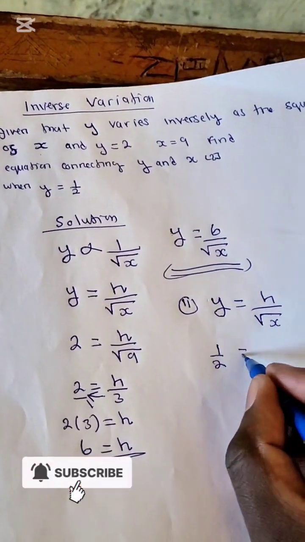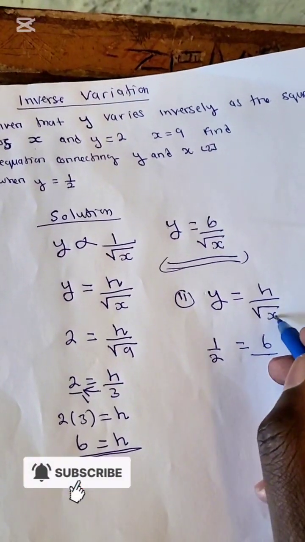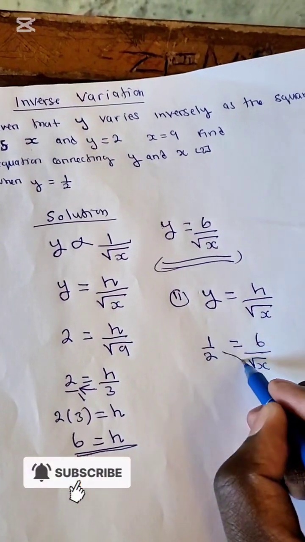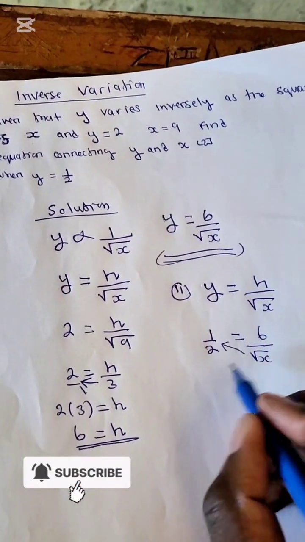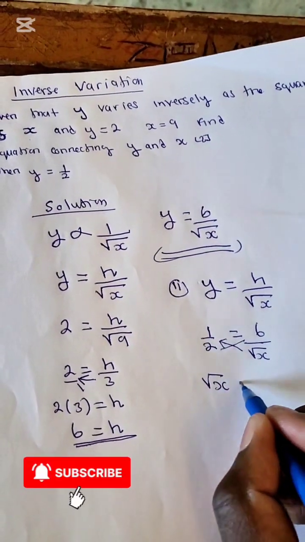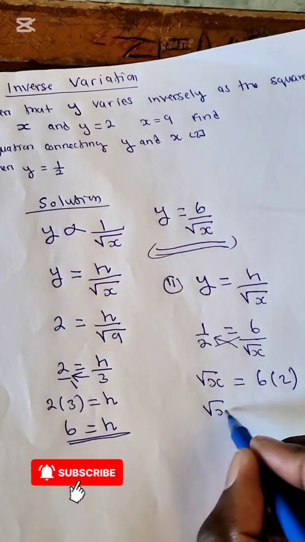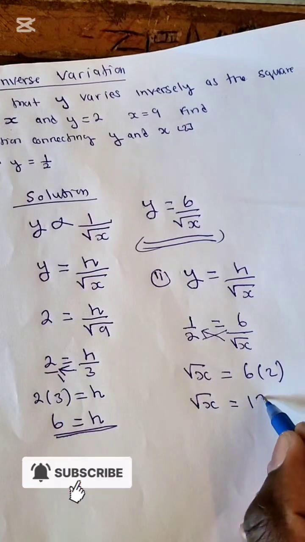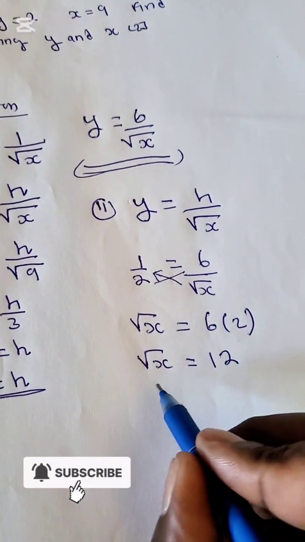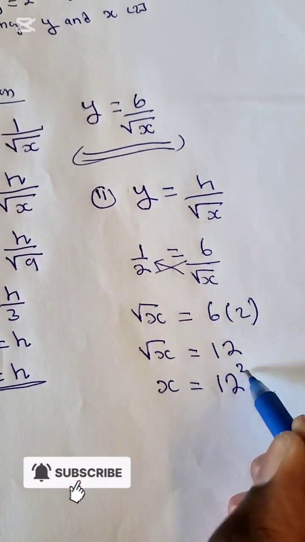So a half is equal to 6 over the square root of x. We cross multiply and get root x is equal to 6 multiplied by 2, then root x is equal to 12. To remove the root sign we square both sides, so x is equal to 12 to the power of 2.